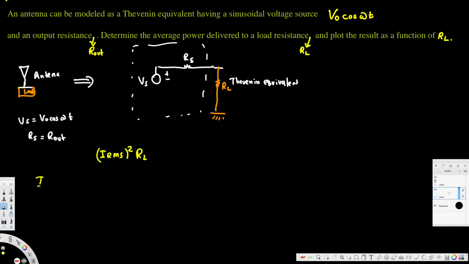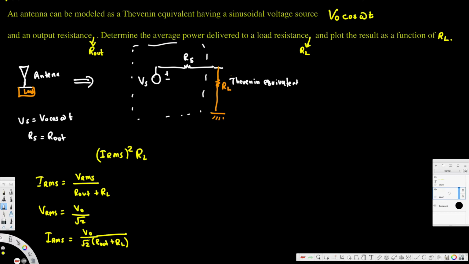Now IRMS can be written as VRMS divided by Rout plus RL. VRMS is equal to V0 divided by root 2. Then IRMS is equal to V0 divided by root 2 times Rout plus RL. Okay, now this is IRMS.